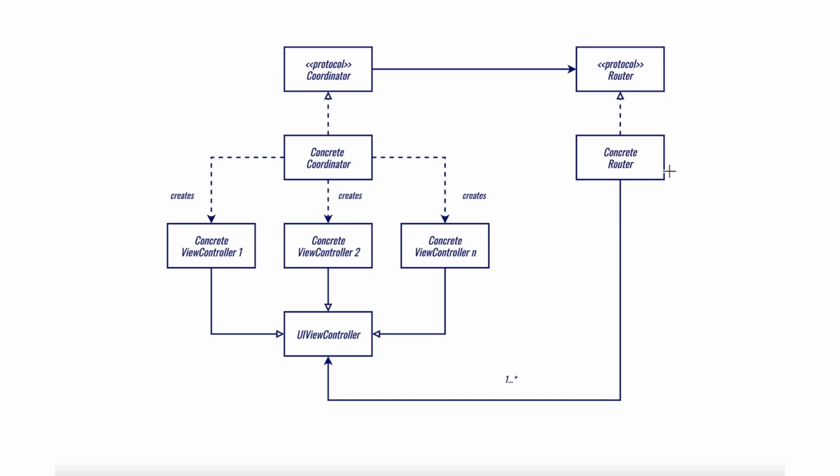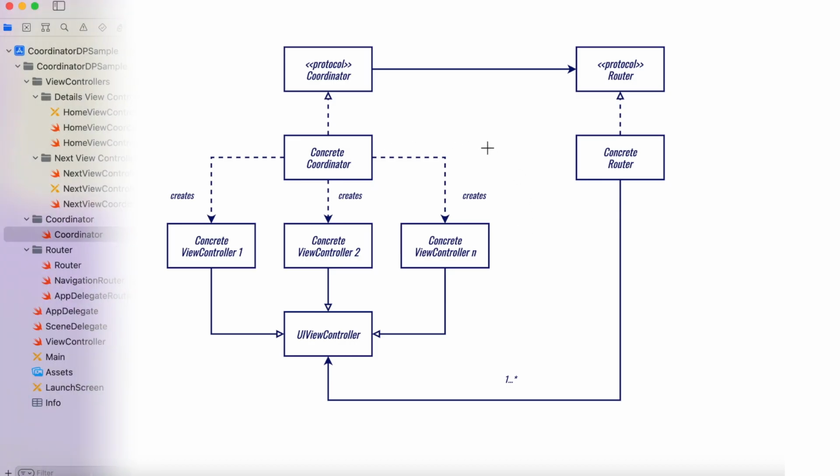And the concrete router is the place that adopts the router protocol and provides the present and dismiss methods for your view controllers. View controllers are the screens in your application that are dedicated to different functionalities, and the coordinator is the place that generates the view controller objects.